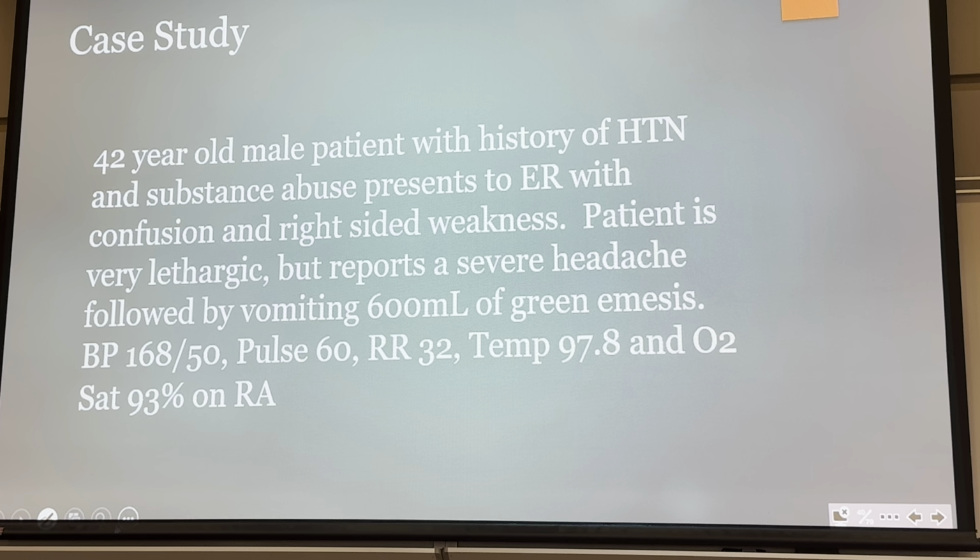Widening pulse pressure. A narrow pulse pressure is seen with shock, a widened pulse pressure is seen with increasing cranial pressure. And then you also have bradycardia or low heart rate, and then irregular respirations is the other component of that.